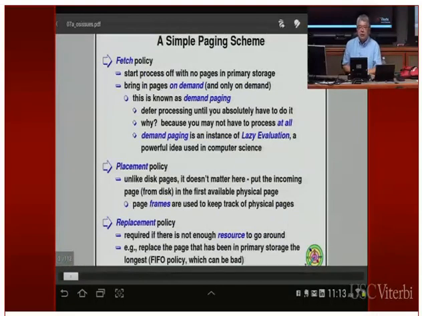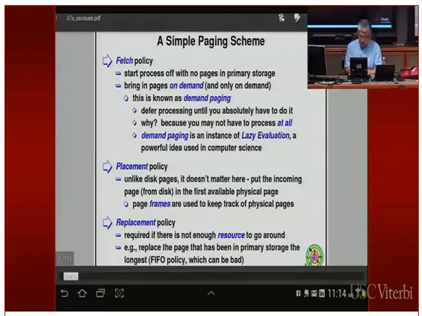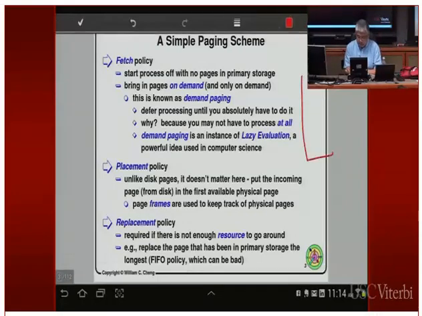Okay, so the basic idea of fetch policy is that we're going to use the validity bit inside the page table entry. In the beginning, when we start a user process, let's say that this is the page table. Again, I'm going to talk about the page table at a high level, forgetting about multi-level.